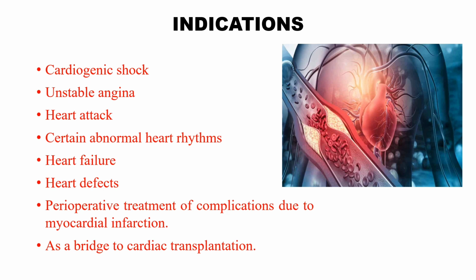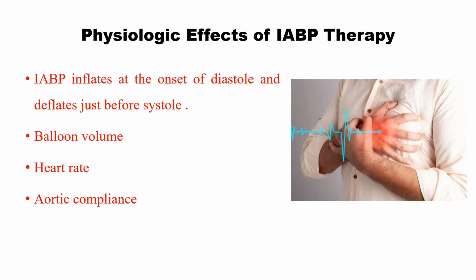Some heart problems can cause cardiogenic shock, including unstable angina, heart attack, certain abnormal heart rhythms, heart failure, and heart defects. You may also need an IABP for perioperative treatment of complications due to myocardial infarction and as a bridge to cardiac transplantation.